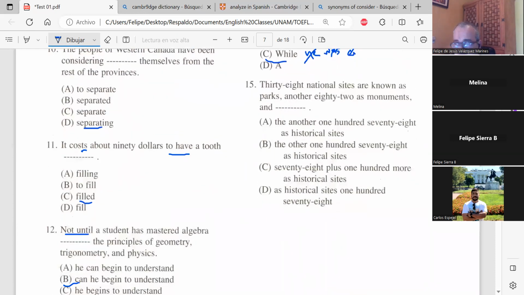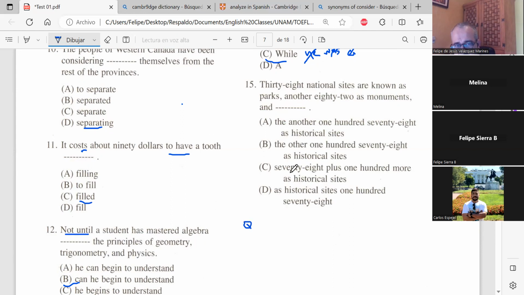Okay, parallel structure. Parallel structure is this: 38 national sites are known as, okay, we have quantity, 38.